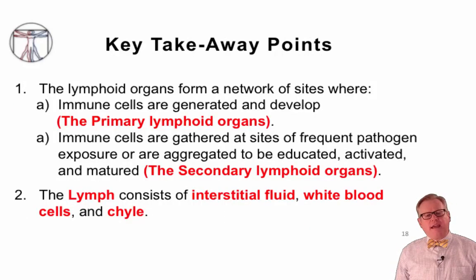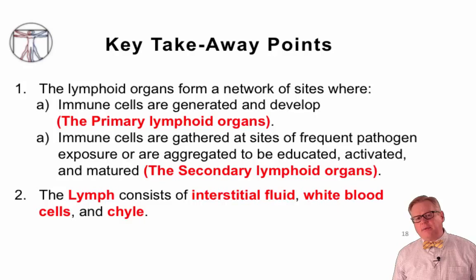Okay, the key takeaway points from this video are: number 1, that the lymphoid organs form a network of sites where immune cells can be generated and begin to develop. These are the primary lymphoid organs, including the bone marrow and the thymus. They also provide sites where immune cells frequently meet pathogens, or where immune cells are aggregated to be educated, activated, or matured.